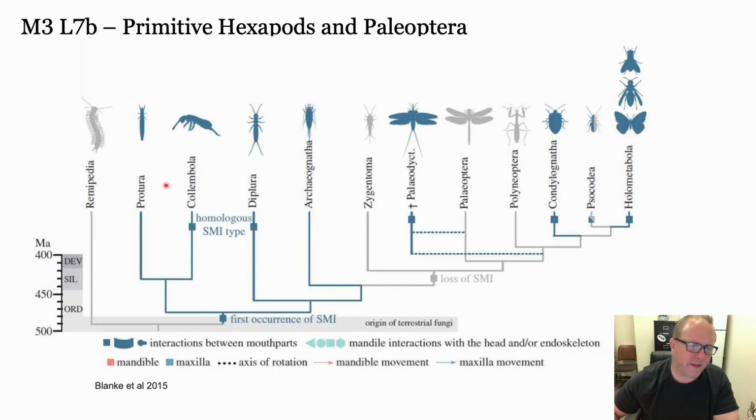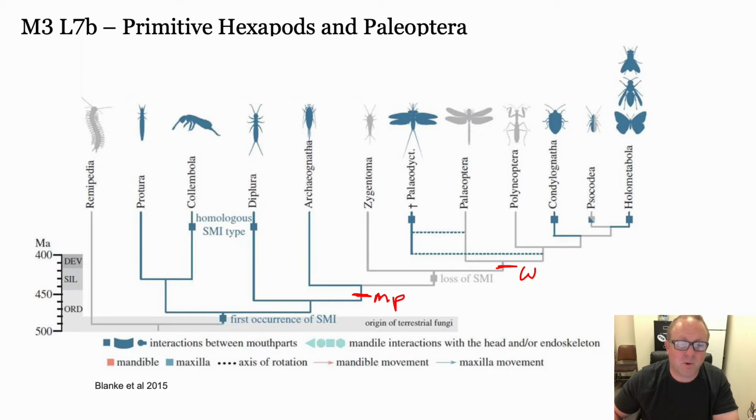Okay, so that's taken us through the Protura, Collembola, Diplura, Archaeognatha, Zygentoma. Now we are at this critical spot. I talked about this critical spot right here, and this is where you got external mouth parts. I really need to get a new writing mechanism. Now we get wings here.